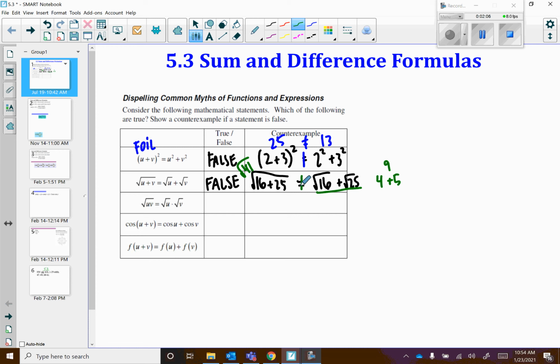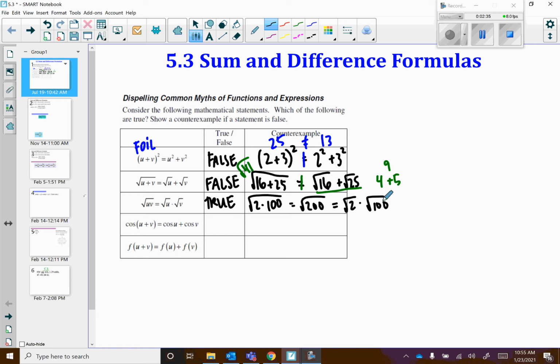If we look at our third, though, the square root of u times v is equal to the square root of u times the square root of v. This guy is true. This is a property of our radicals that if I had the square root of 2 times 100, that is equal to the square root of 200, which is also equal to the square root of 2 times the square root of 100.